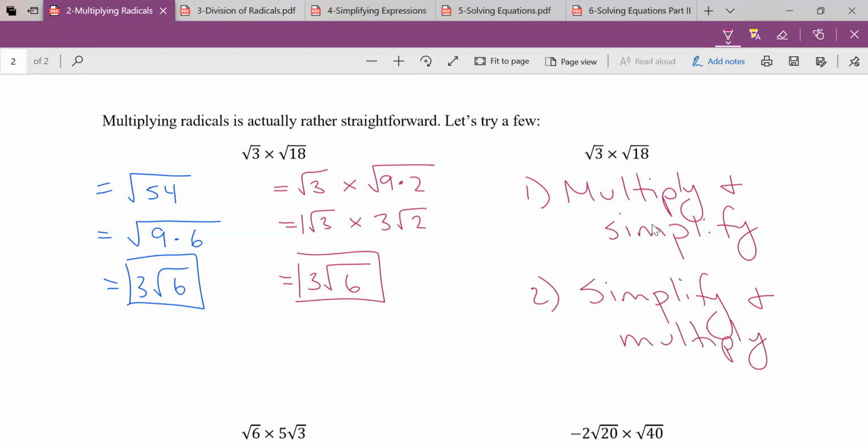Okay. It's really up to you which method you prefer. I'm going to prefer the second method. The reason I prefer the second method is that if I simplify first, I'm working with smaller numbers, and that might just make doing the math a little easier. All right, let's try a few more.